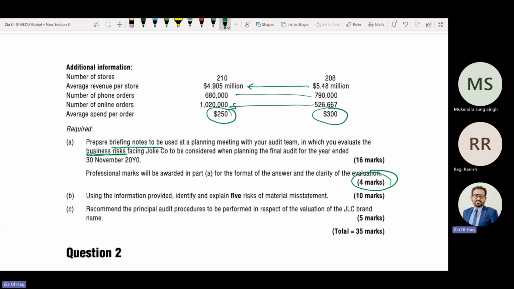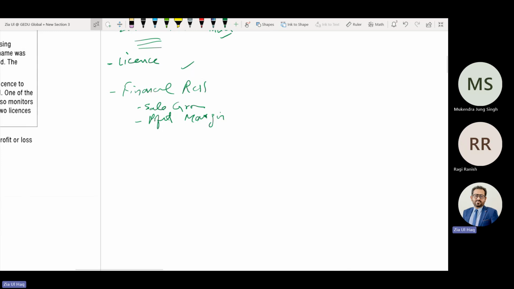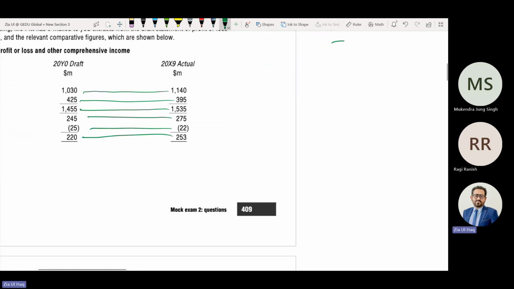That's why average spend per order from customers has reduced, and this could affect company position badly. So this average revenue per store and average spend per order, these 4 points we can discuss under financial risk. Now we'll be able to tackle this question for 16 marks.